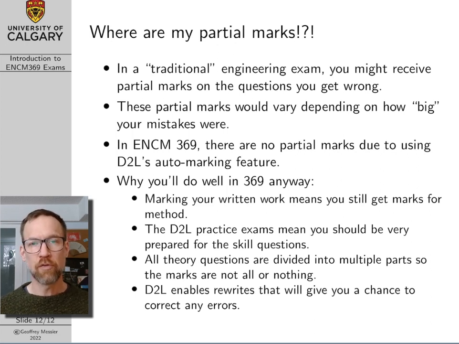You would have some solution written down on paper, and then you might get 7.5 or 6.5 or 3 out of 10, depending on how good your solution was. That doesn't really exist in that format in 369, right? In 369, there really are no partial marks due to the fact we're using D2L's auto marking feature.